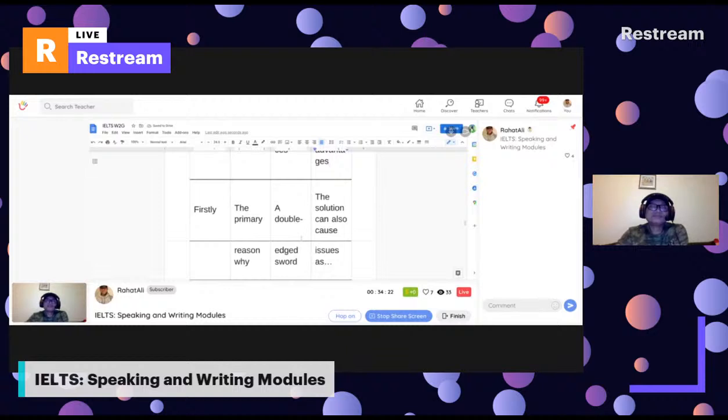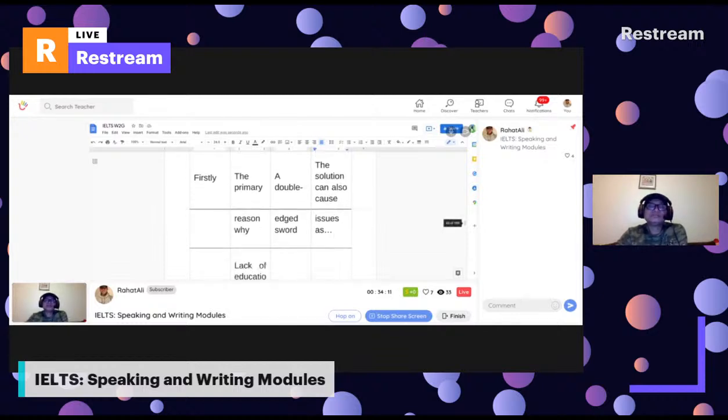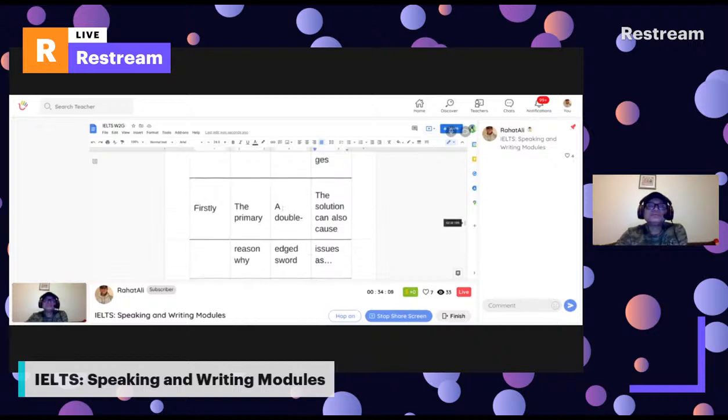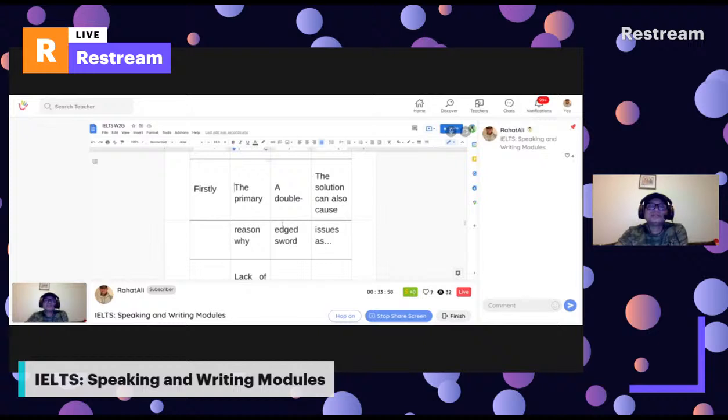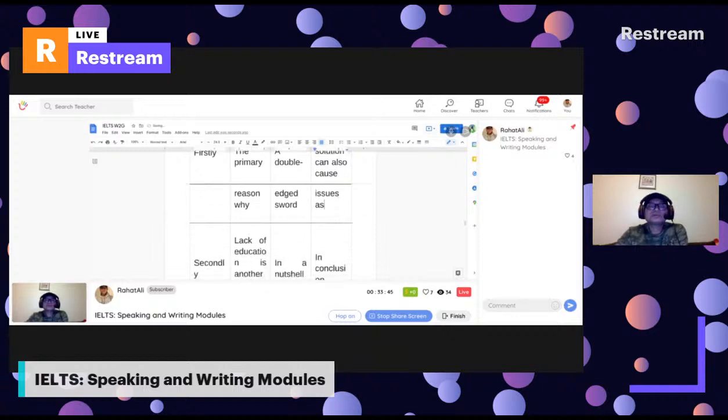Do not use "firstly." Use "the primary reason." Do not use "a double-edged sword." Use "the solution can also cause issues."